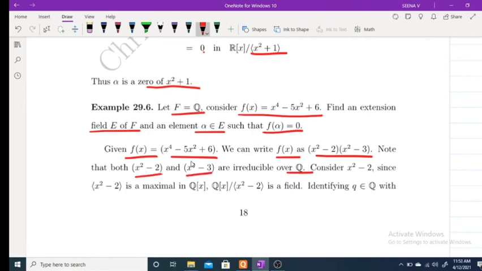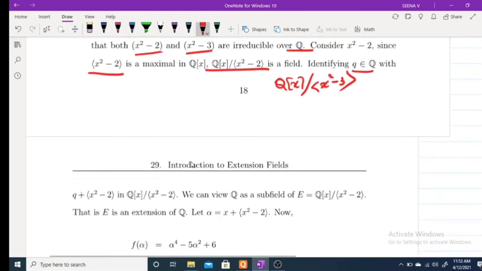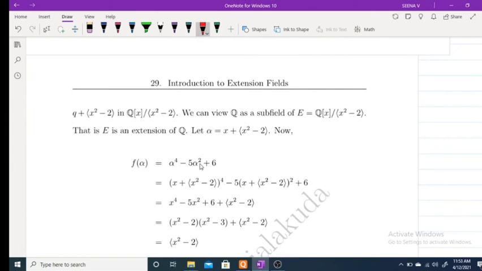So consider x square minus 2. Since this is irreducible, the ideal generated by x square minus 2 is maximal. Q[x] over the ideal generated by x square minus 2 is a field. Similarly, Q[x] over the ideal generated by x square minus 3 is also a field. If you identify Q with Q plus the ideal generated by x square minus 2, we can view Q as a subfield of this one.